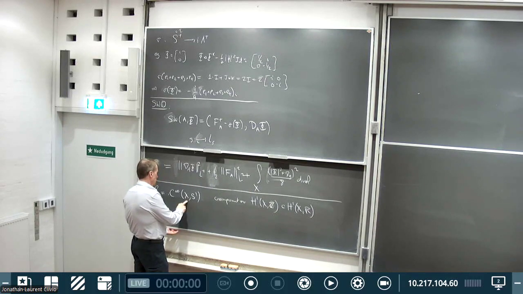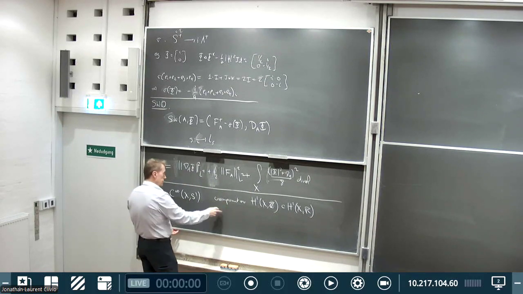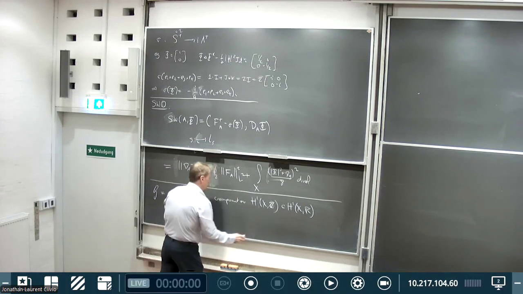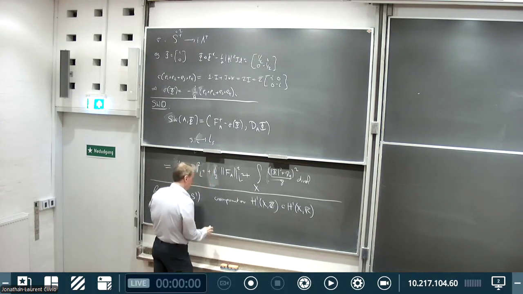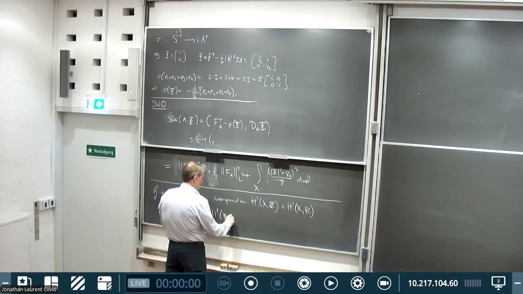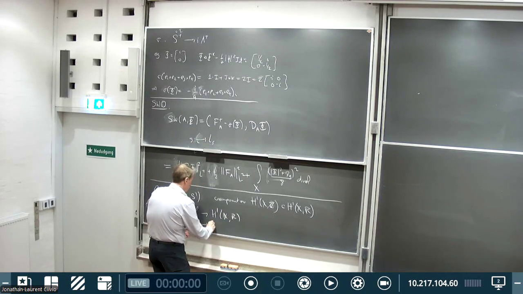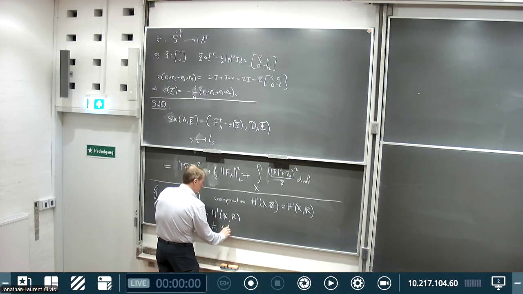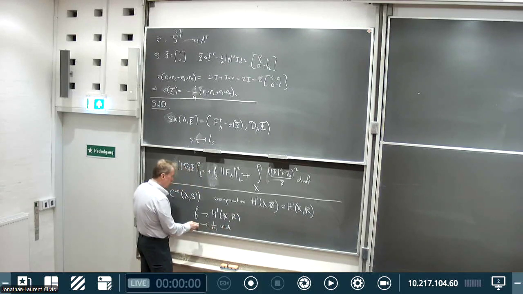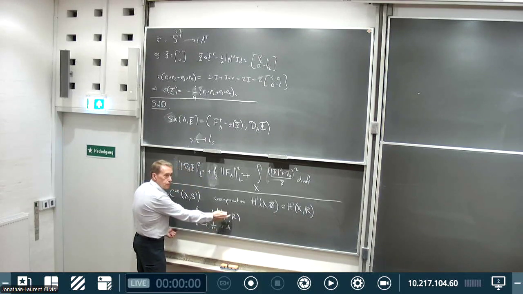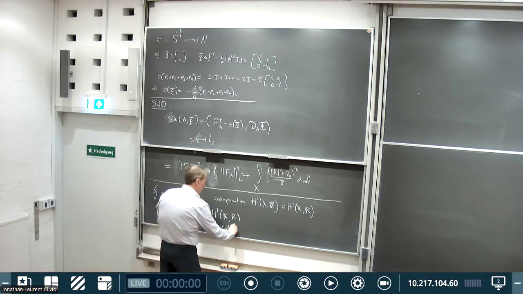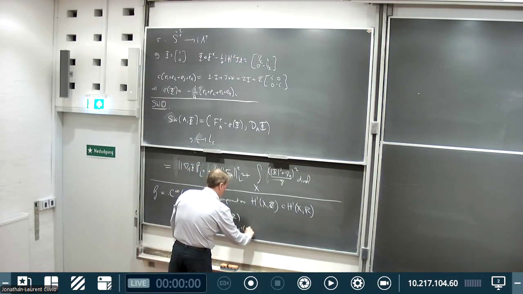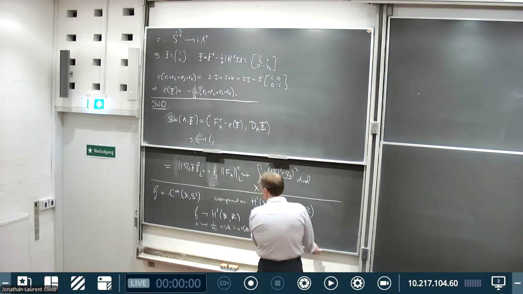And there's a natural map from here to here. If I think of de Rham homology, I get a map G to 1 over 2 pi i, u inverse du, which is the pullback by u of the standard form. Okay, great.